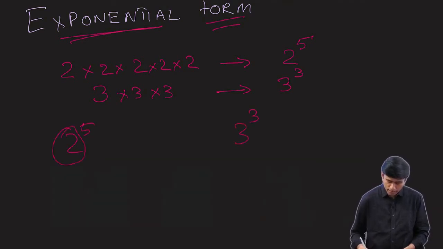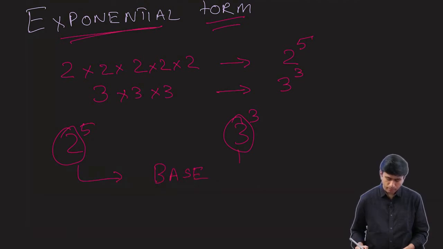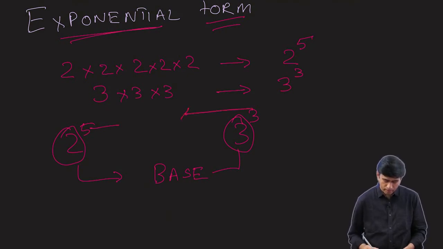2 and 3, they are called the base. This 5 and this 3 are called the exponents or index.